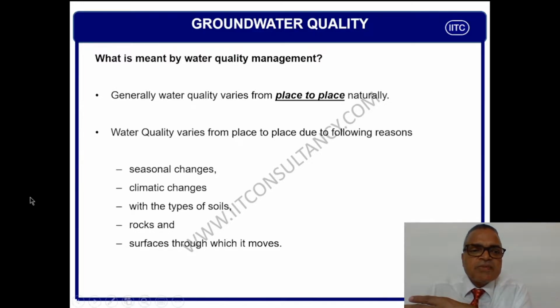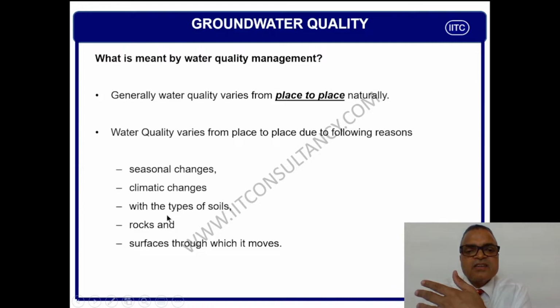Then there is the type of soil. As we mentioned, every location has a different type of soil. If you see in India, the soil of the north varies from the soil of the east, may vary from the soil of the west, may vary from the soil of the south. So the water quality also depends on the soil.